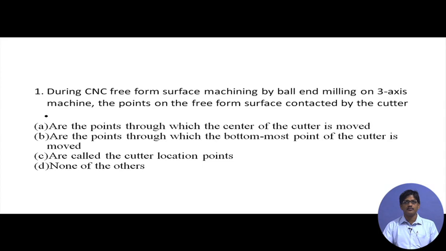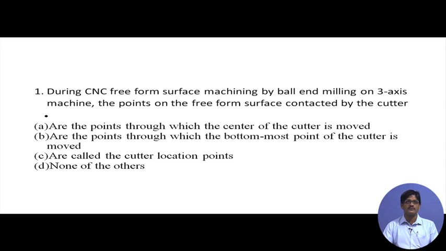Second option, are the points through which the bottommost point of the cutter is moved. This is also not correct, because the points on the freeform surface when contacted by the cutter should have the freeform surface and the cutter touching each other, tangential to each other. And if the bottommost point is just randomly put through these, it cannot produce the proper cutter path.